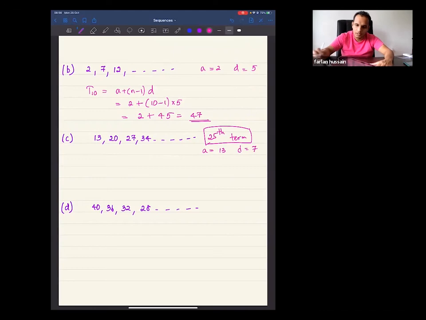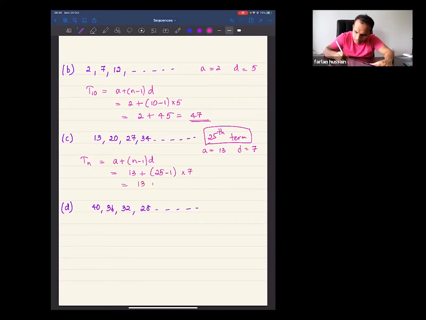Difference is 7. So the nth term is going to be Tn is equal to A plus N minus 1 into D, which is 13 plus 25 minus 1 into D, which is 7.